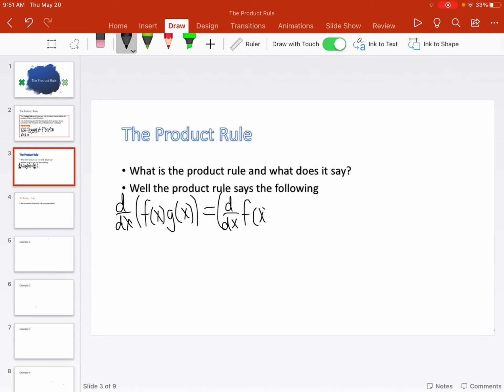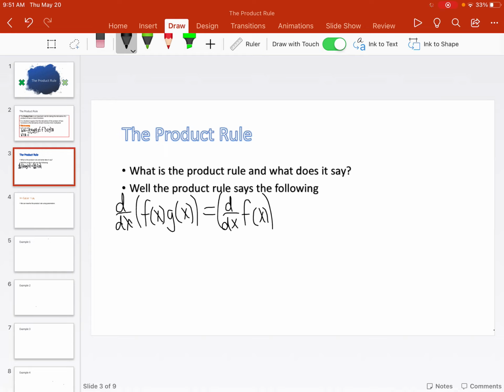In this case, we're going to take the derivative of f of x. We could have done g of x first, but we're just going to read left to right. It's usually easier to do that when you're starting out, and it just makes more sense since we read left to right. So we're going to take the derivative of f of x first.